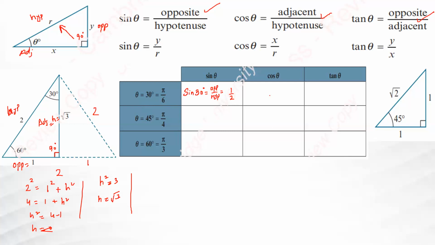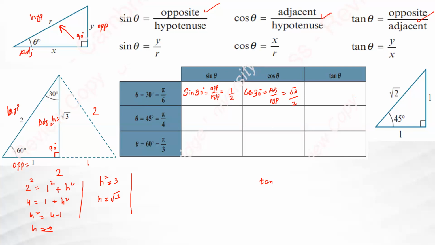Same as cos 30. Cos 30 is equal to adjacent over hypotenuse, which is the square root of 3 over 2. And remember that we can find tan in two ways.